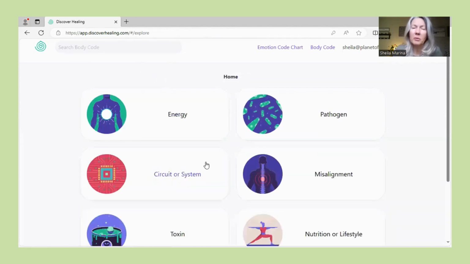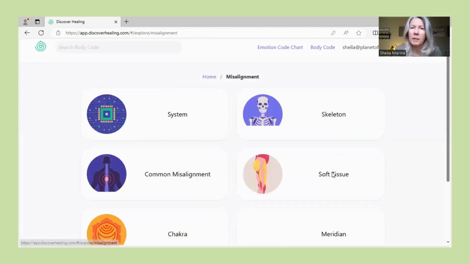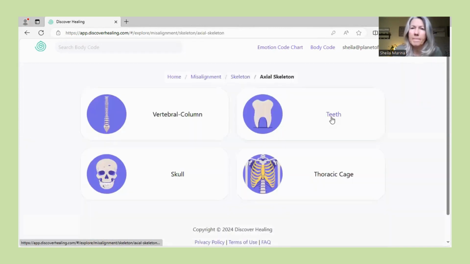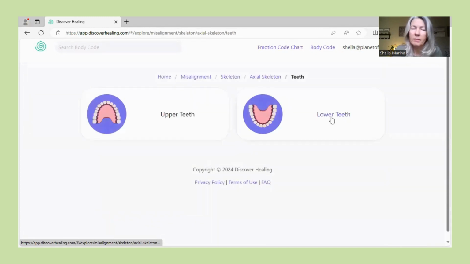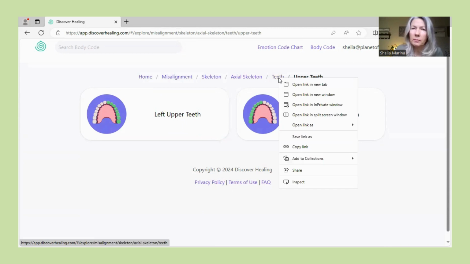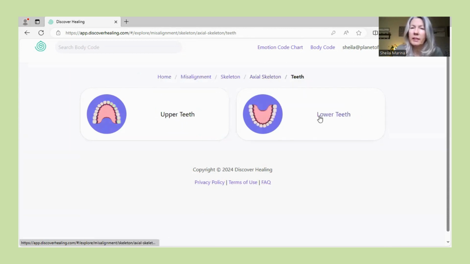So let's find out, back to that misalignment in the skeleton, in the teeth, and I believe that it was the lower, well, we know for sure it was the second bicuspid.